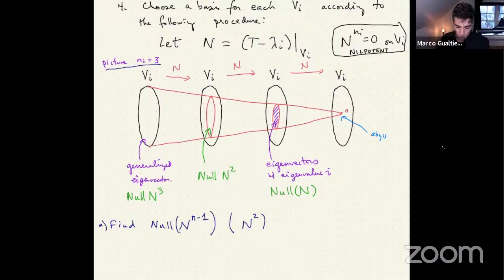Okay, and what we want to do is choose vectors which are not in this space.